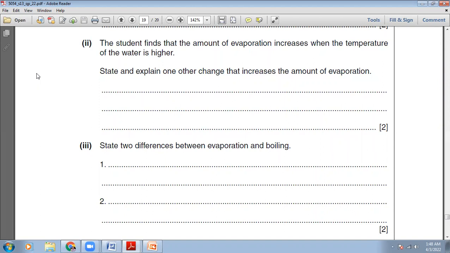So the air around the surface of the water will not become saturated. Another way can be that you increase the surface area of the liquid. When the surface area of the liquid is larger, more and more molecules will be able to escape from the surface into the air.